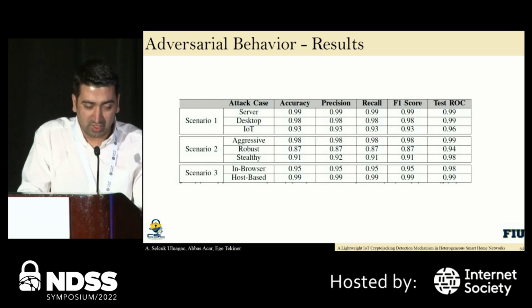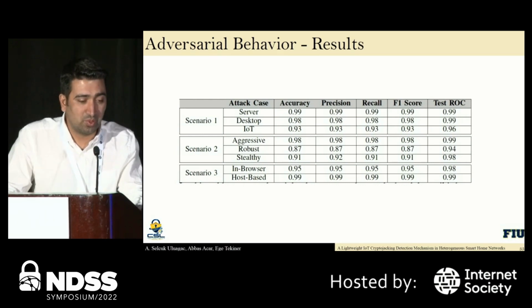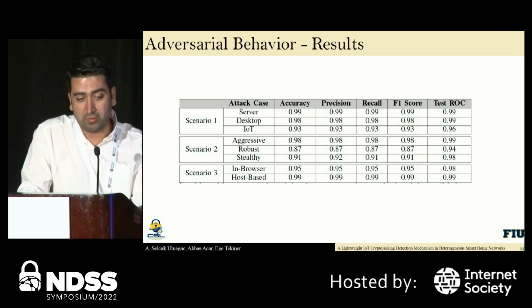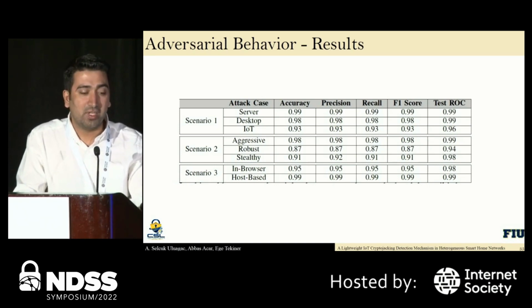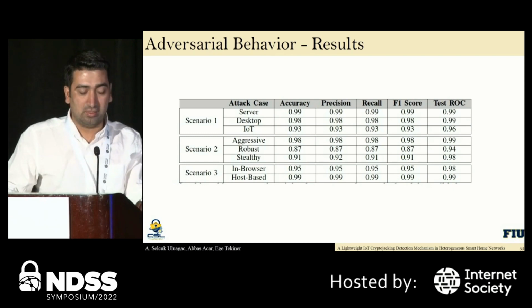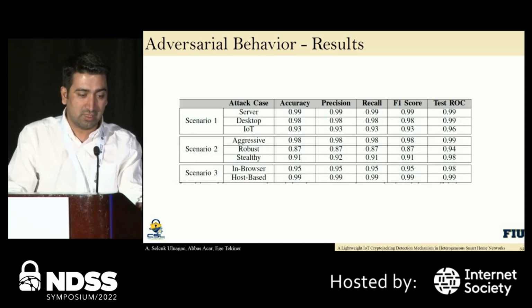And here are our results. In general, for example, from the first scenario, we can see that the best accuracy is obtained from the server. That means that if an attacker targets the server, there is a high chance that the detection mechanism will succeed.